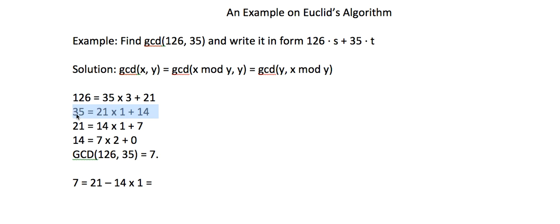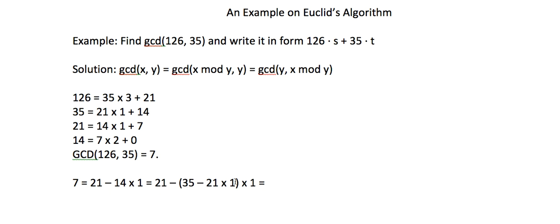14 will be replaced by 35 minus 21 multiplied by 1. So you have 21 minus the 14, which can be replaced as 35 minus 21 multiplied by 1. Then you still multiply by 1 outside. Don't forget you multiply by 1 outside, even if it really doesn't matter for multiplying by 1. Then you open this parenthesis.